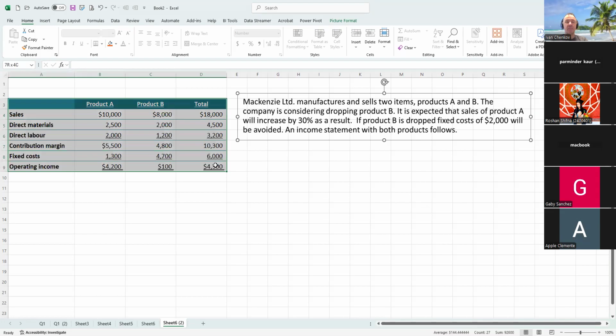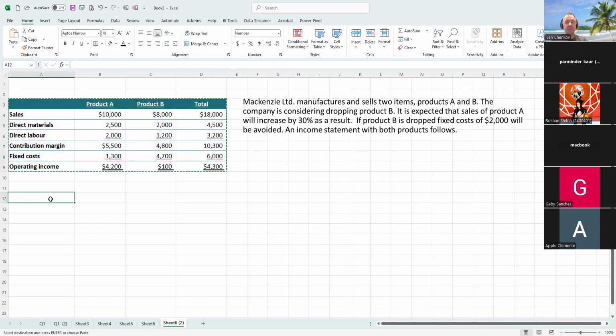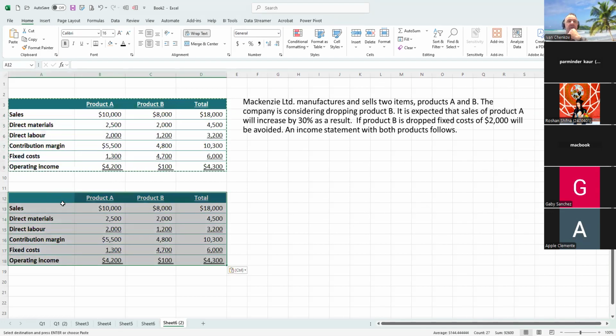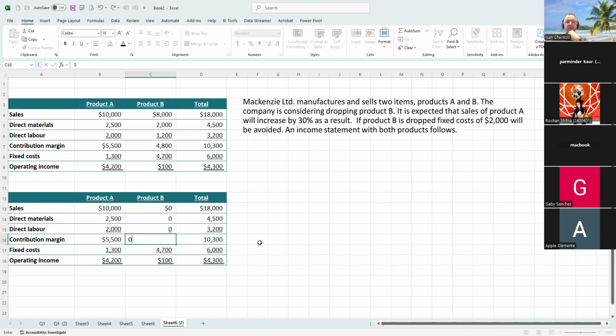So what's going to happen if we eliminate product B? Let's eliminate it. So product B is gone, right? That will be 0. And that will be 0. And that will be 0. Contribution margin gone. Fixed cost, we'll see. And the income like this.